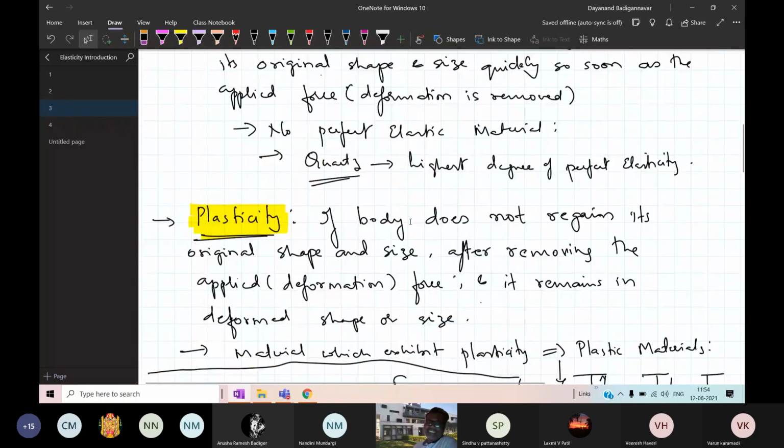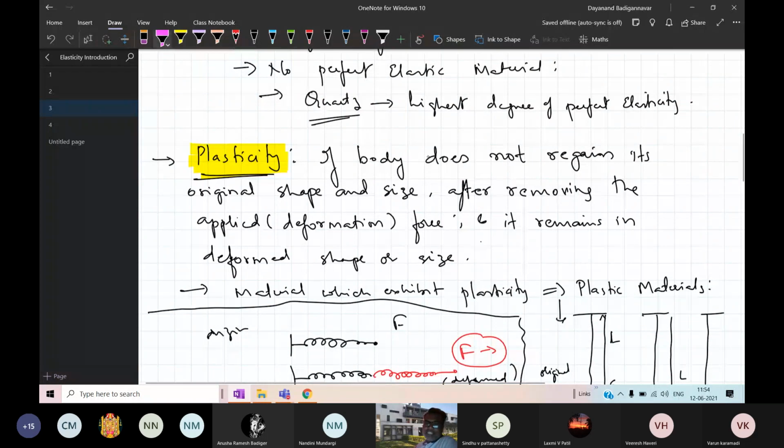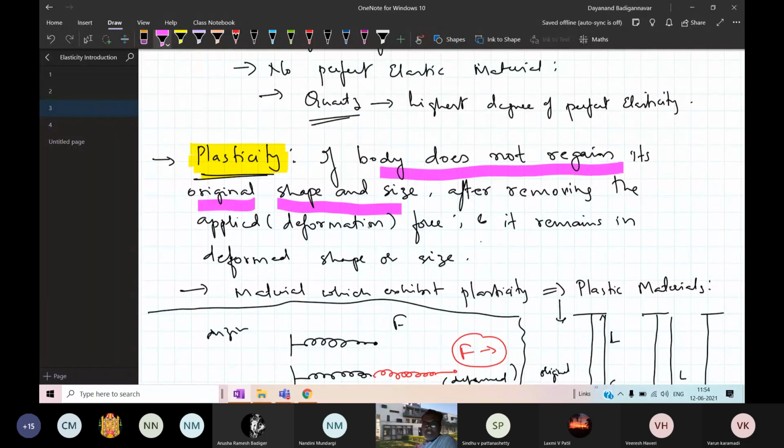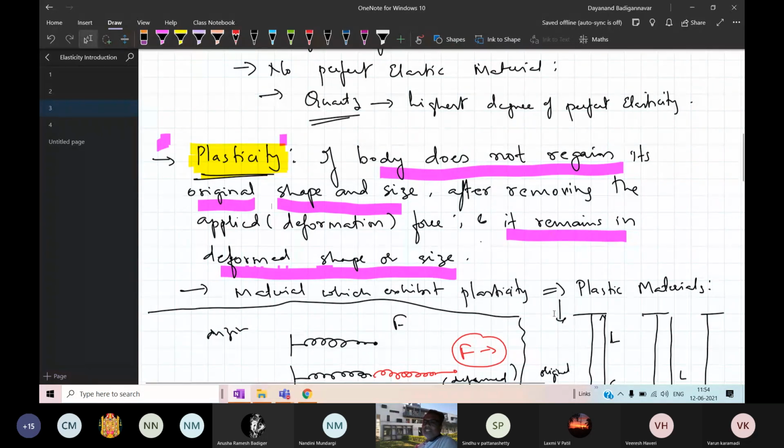You are getting that? Plasticity. What is plasticity? If a body does not regain its original shape and size after removing the applied force and remains in the deformed shape, that is called plasticity, and the materials which exhibit plasticity we call plastic materials.